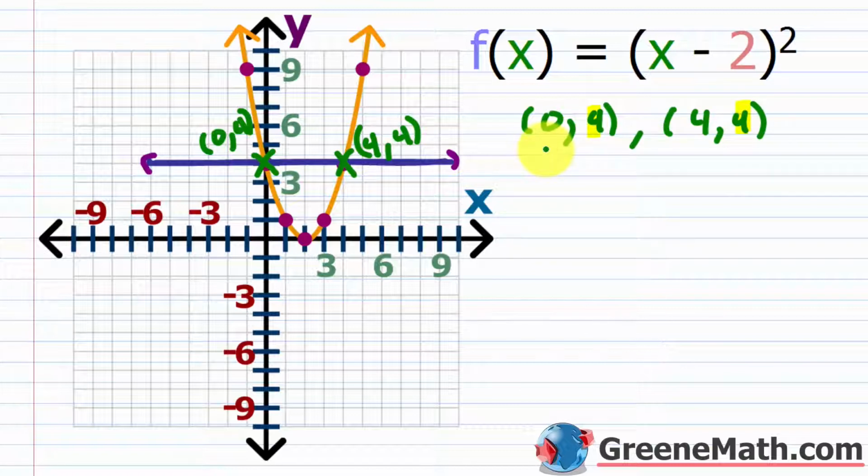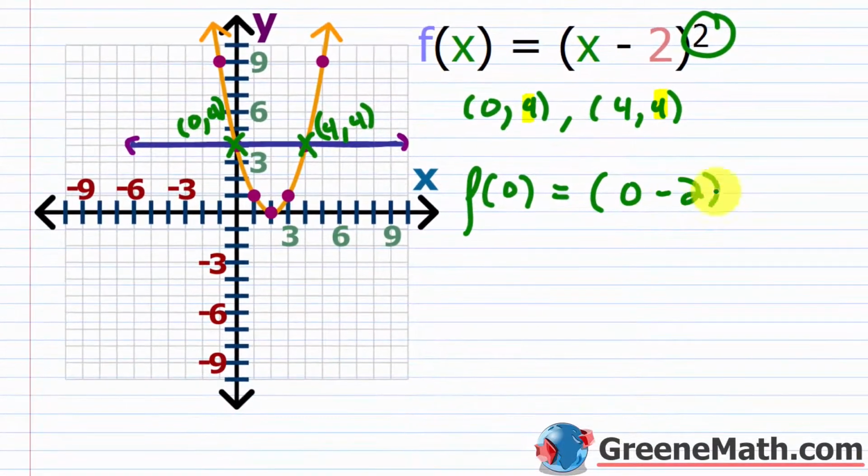Now, you can clearly see what's causing this. It's because of this exponent here that's a 2. It's an even exponent. So what happens is when you have a 2 squared, you get 4. And then also if you get a negative 2 squared, you get 4 as well. If I plugged in a 0 for x there, you say f of 0 is equal to 0 minus 2, that would be squared. This is going to be negative 2, and it's squared, which is 4.